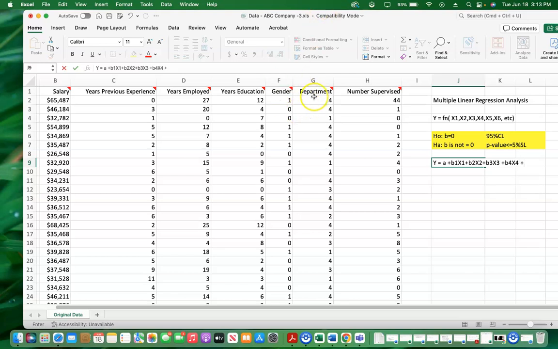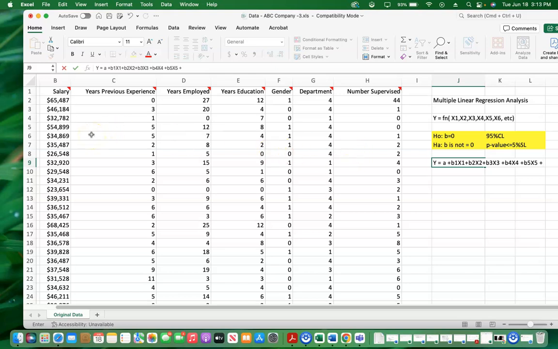Department, it all depends on the department that you're working at. So we can as well add that for now. So let's go b5x5, and finally we are looking at the number supervised, meaning that your salary will depend on the number supervised. The more people you're supervising, the more your salary could be.